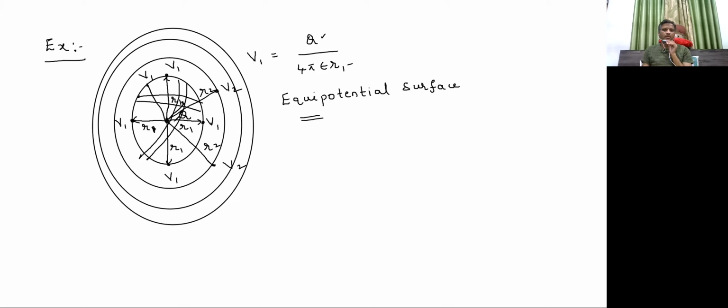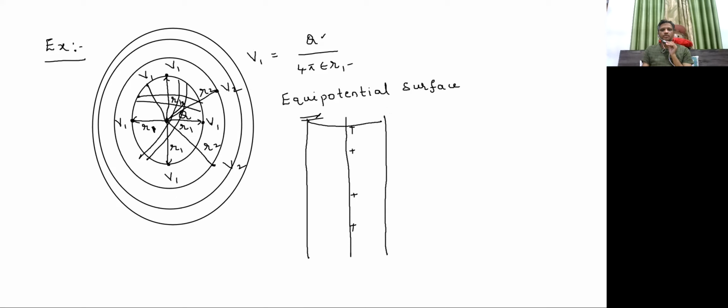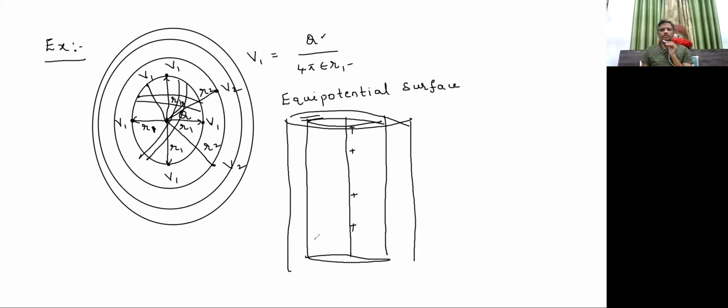Not only around a point charge, even if you have a line charge and you distribute charge on it, you will be getting coaxial cylinders on which the potential is absolutely the same. So you will be getting another cylindrical structure like this, and the potential on this is also the same. So this is about the line charge.